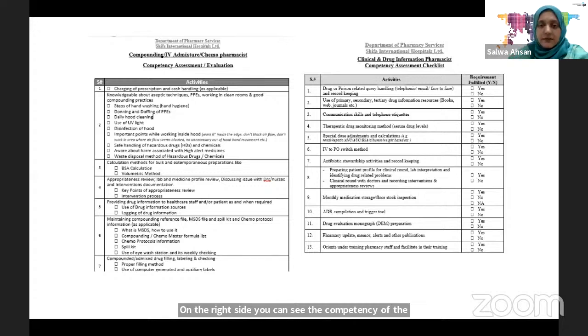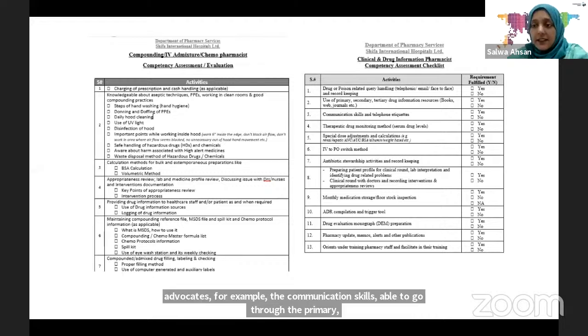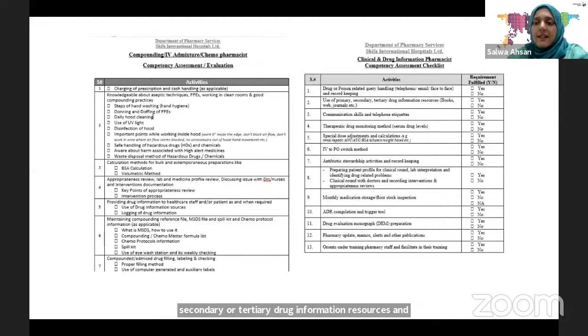A few things those pharmacists need to know are telephone etiquette, communication skills, being able to go through the primary, secondary, or tertiary drug information resources, and some clinical indicators that they need to perform. This is embedded into that checklist, and it is done on a periodic basis, just as I mentioned, at the time of hiring, at the time of confirmation, and on a yearly basis. Next, please.